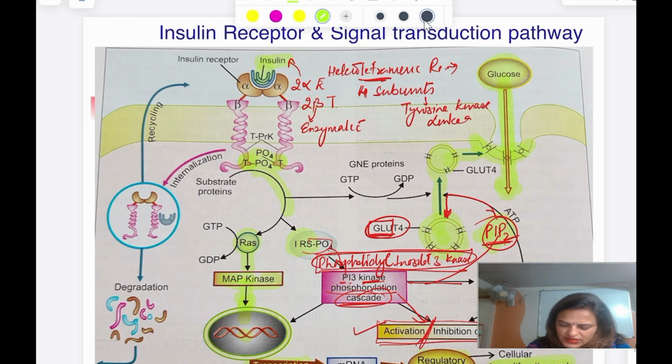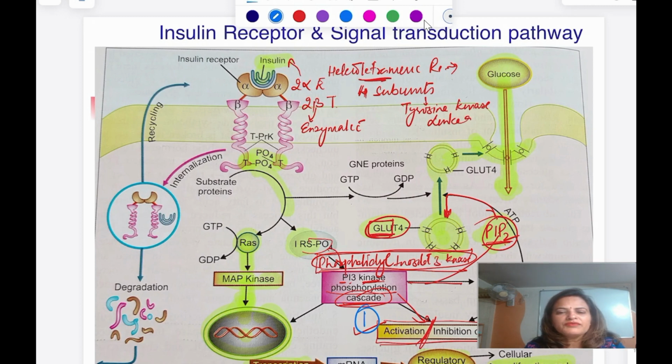This transcription and translation also cause the synthesis of GLUT4, so GLUT4 is also synthesized and transported. So insulin has an immediate action, number one, the enzymatic activation and inhibition of the enzyme.